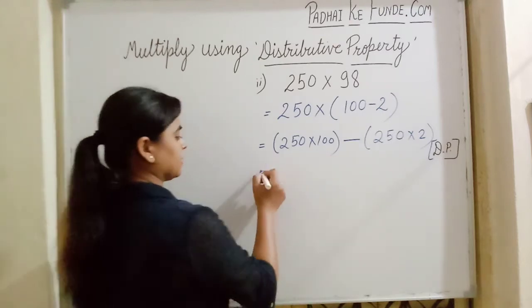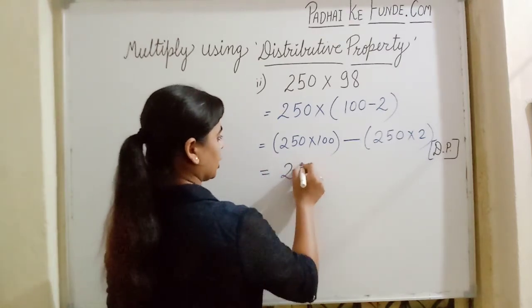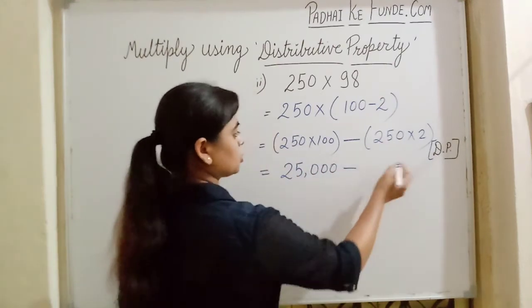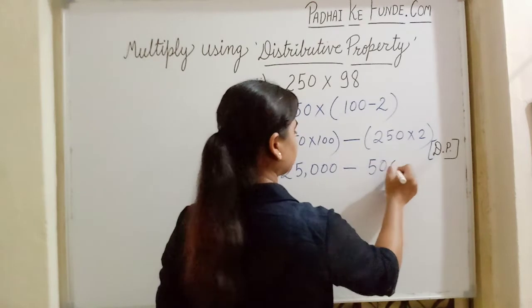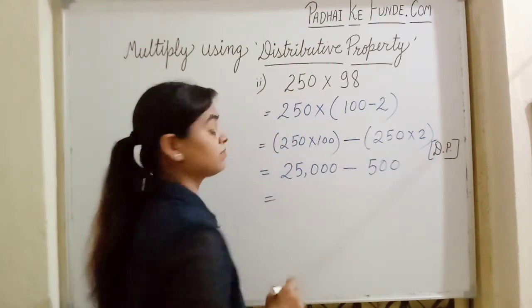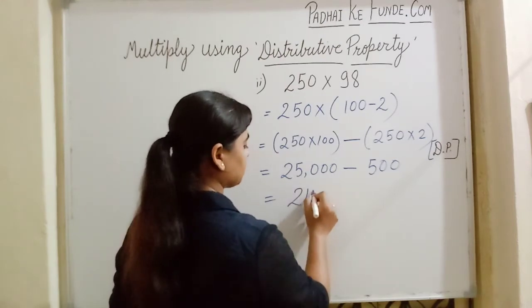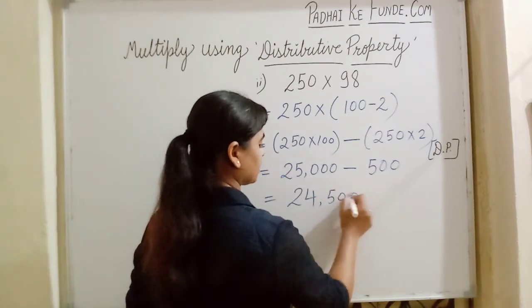Then let us multiply. Their product we will get as 25,000 minus 250 into 2, which is 500. And when we subtract 500 from 25,000, we get 24,500.